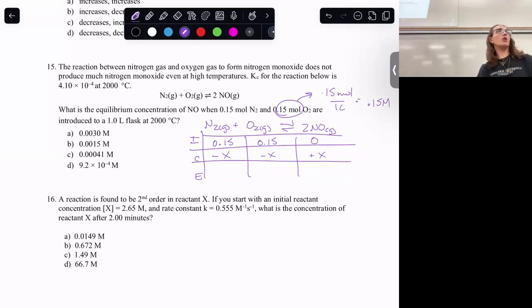Right, because if we were to solve for Q, what is Q at initial? 0, right? Q is 0. So anytime you have 0, you're always going to make products. But in this case, Q is less than K, so you have to go towards products. So at equilibrium, we have 0.15 minus x, 0.15 minus x, and 2x.